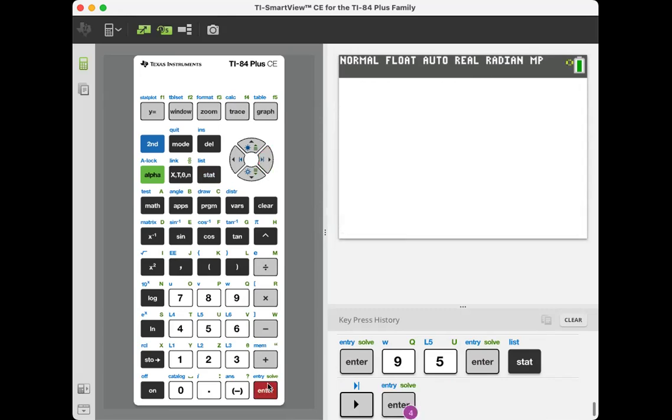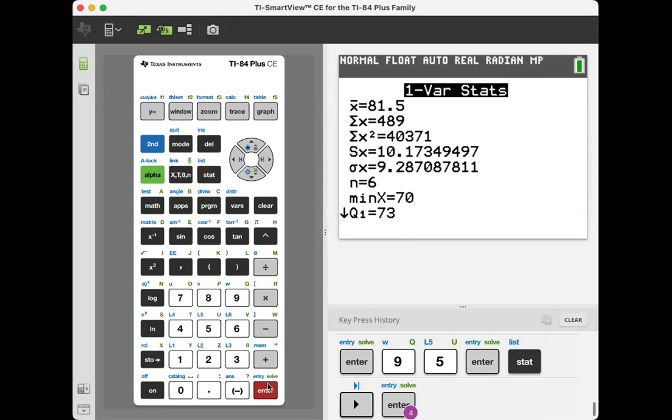We're still under list 1 and calculate. What is our standard deviation for this one? 9.287, 9.29, if we round it correctly.